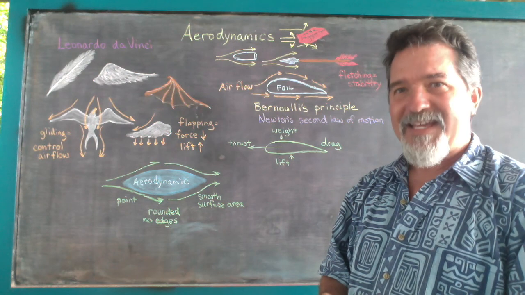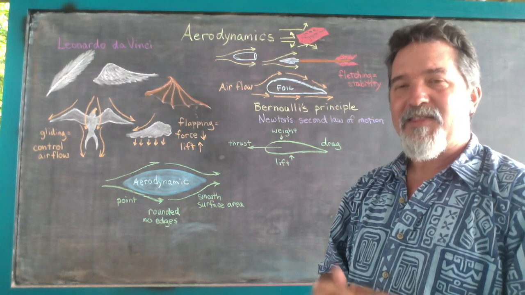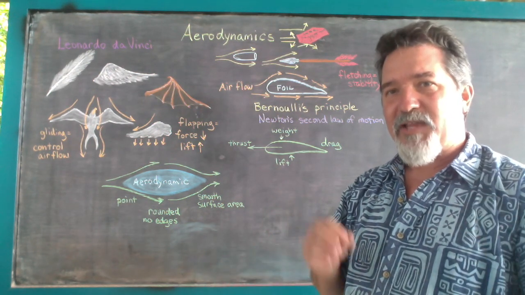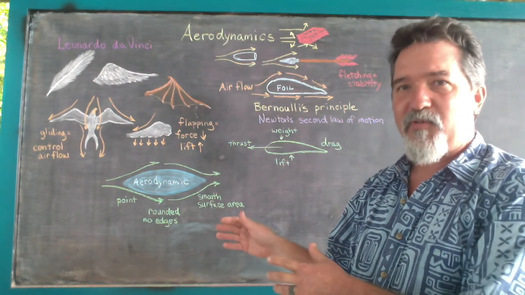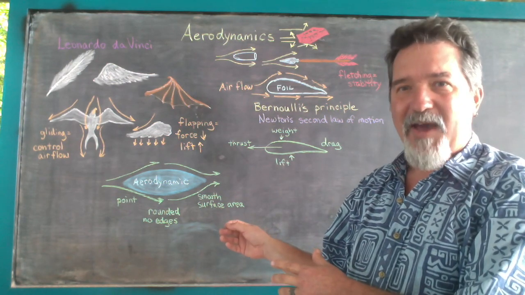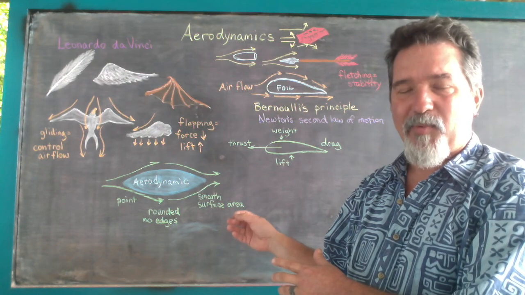Bernoulli's principle essentially tells us that there is energy and a relationship between the speed of moving air or fluid and the amount of energy that is released in that process.